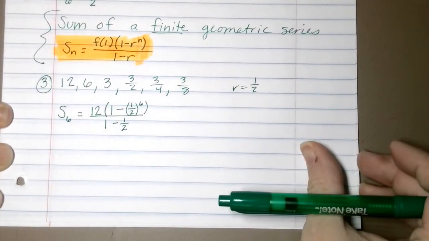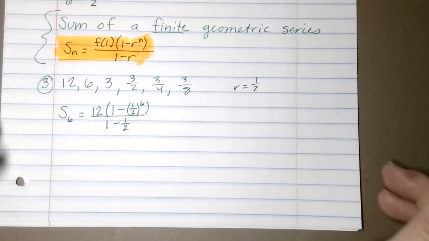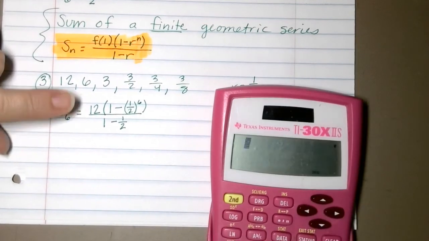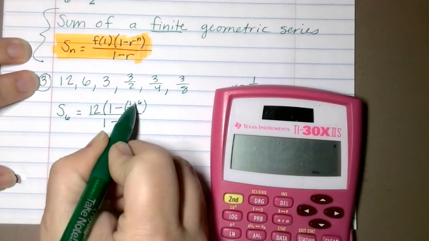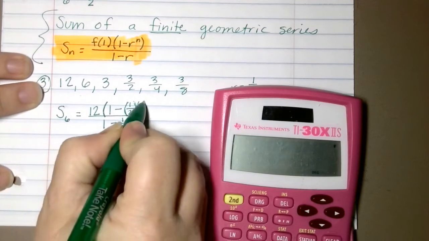Now that's kind of ugly to put into your calculator, right? And they're speaking to me in fractions, so I need to make sure that my answer is a fraction. But I actually think it's going to be easier to plug this in my calculator if I use 0.5. If I don't use 0.5, I'm going to have to put extra parentheses here as well as these parentheses here.